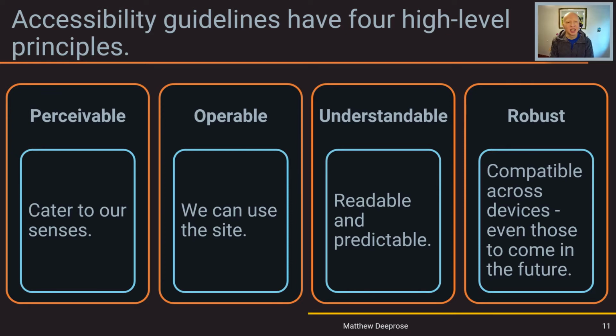Operable is about our ability to use a site, for example, using a keyboard if we can't use a mouse or touchpad. Understandable means that the content is readable and predictable, not only to users themselves, but to any assistive technologies that they use. Robust is about being compatible with user agents, including those not yet invented. That's more about conforming to web standards.